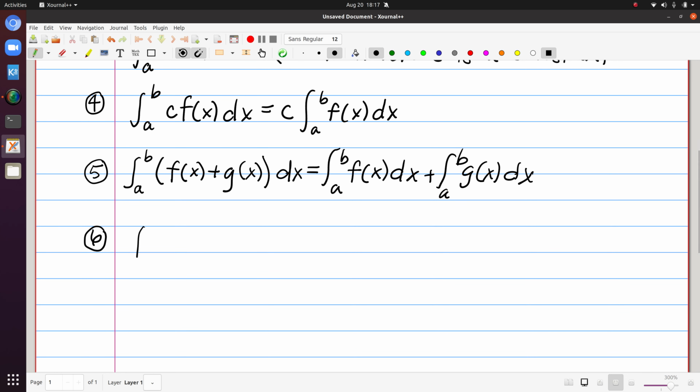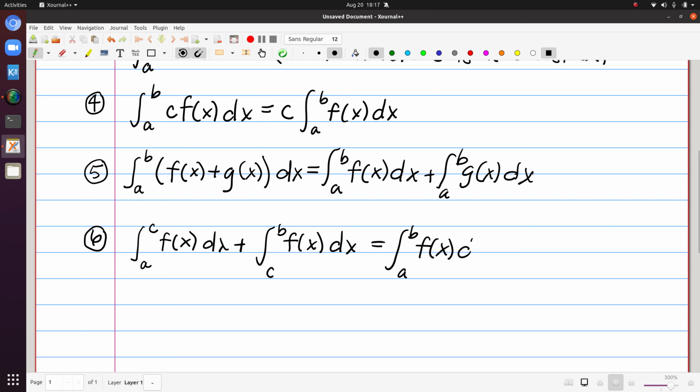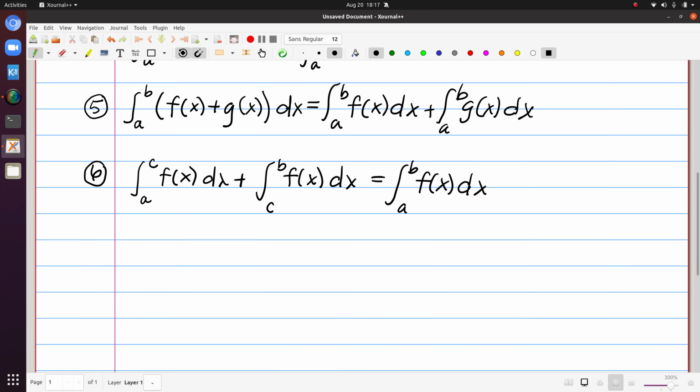Next, if we think about integrating from a to c our function f of x, and then we add to that the integral from c to b of the very same function, that is going to be equal to just integrating from a to b. And it turns out this holds for any relationship between a, b, and c with regards to where they lie on the number line.